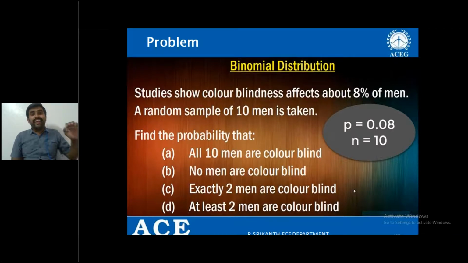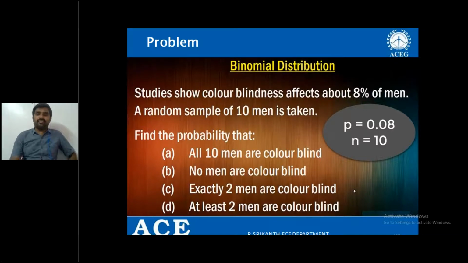Last one is at least 2 men are colorblind. At least in the sense, maybe 2 men, maybe 3, 4, 5, 6, 7, or maybe up to 10 members. At least 2 in the selection. How do you take it, right? So that is the problem. Can you try it? I'll explain here, and later you can solve the other problem.